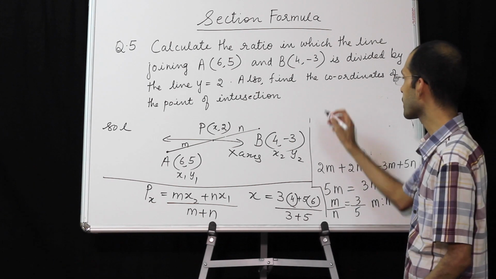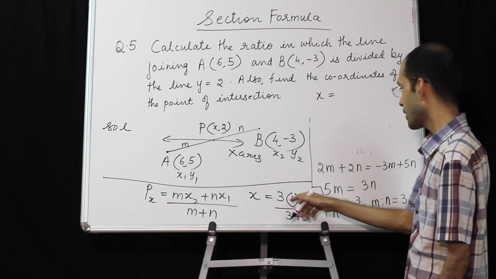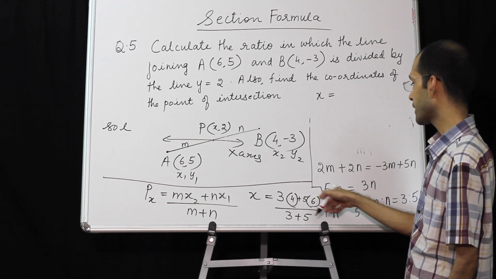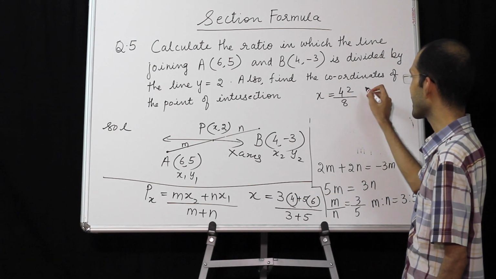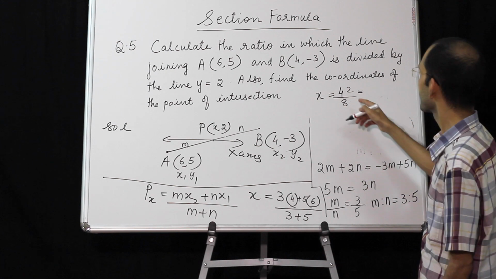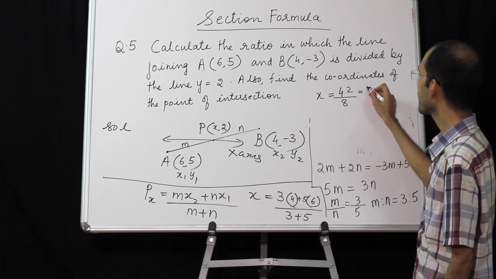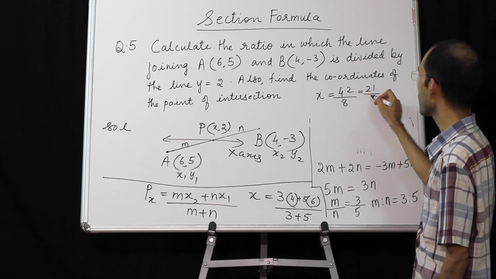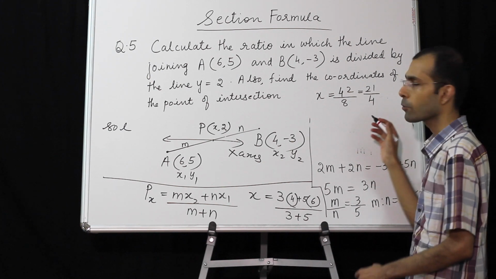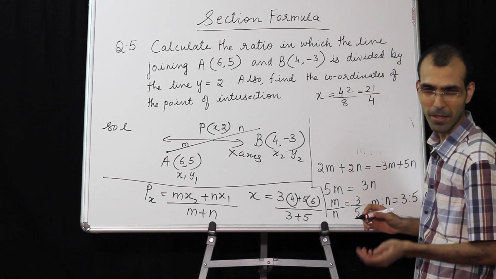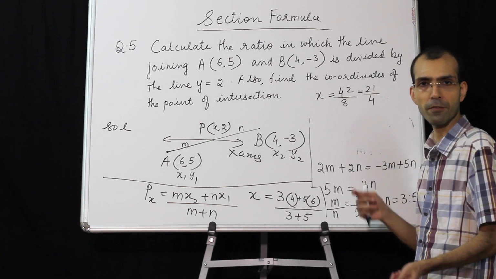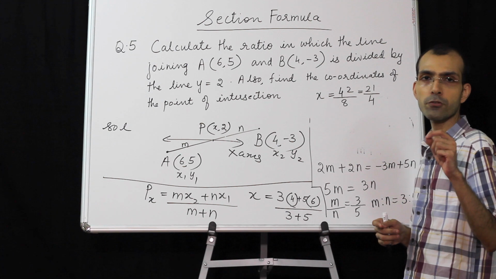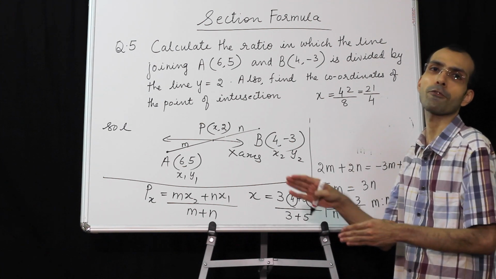Let's see what this works out to be. 12 plus 30, 42, 42 upon 8. So we'll have to simplify: 21 upon 4. You can put it in decimal if it is terminating, otherwise this is fine. It is an improper fraction, but an improper fraction should be in the simplest form.